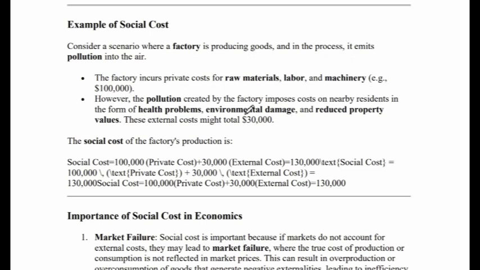However, the pollution created by the factory imposes costs on nearby residents in the form of health problems, environmental damages, and reduced property values. These external costs might total $30,000. The social cost of the factory's production is 1,30,000. That is the private cost and the external cost.